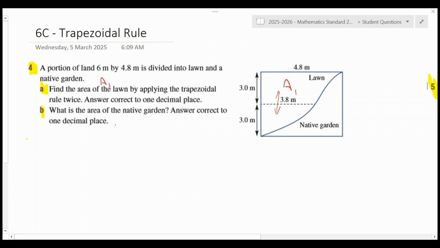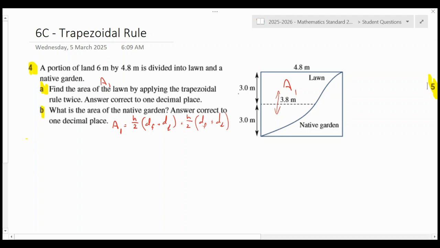So area 1 equals h over 2 (df plus dl) plus h over 2 (df plus dl). Now, obviously, the df and the dl are different in each one. Let's have a look at the first section.